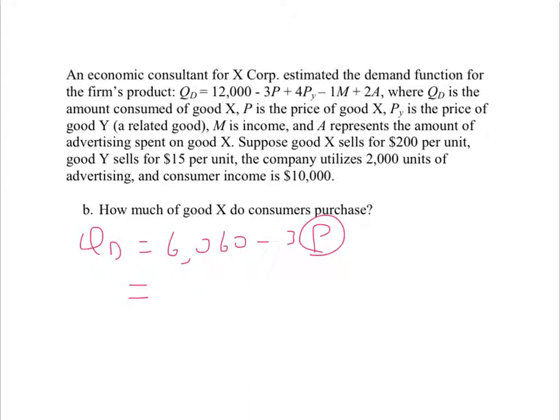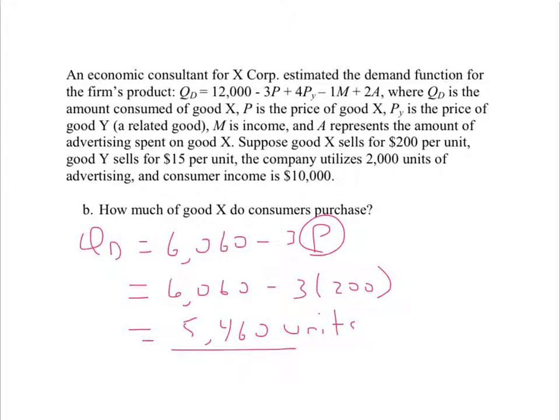Price of good X is $200. And so we would plug that in, and I believe with a little algebra and a little calculator help, we would get 5,460 units. And so consumers at a price of $200, given the other values for the shift parameters, would consume 5,460 units.